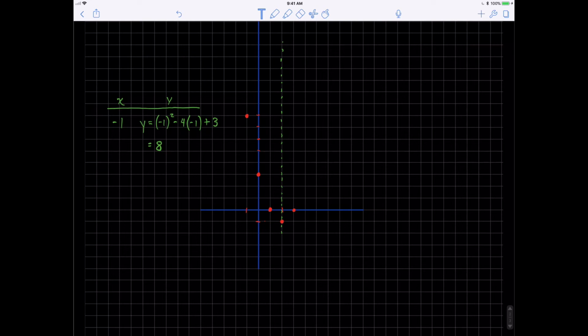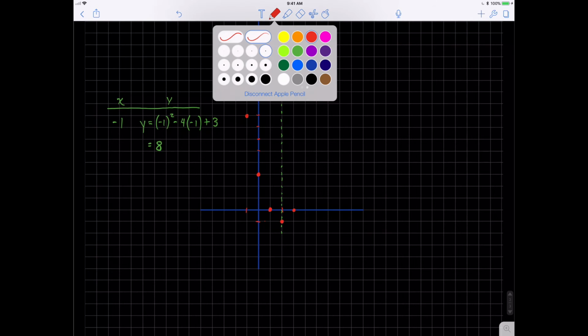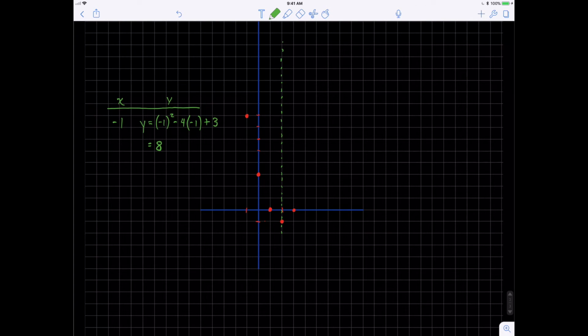And let's try -2. Let's see what happens there. Now at -2, this will probably be our last one. y equals (-2) squared minus 4 times -2 plus 3. So that's going to be 4 plus 8, that's 12, plus 3 more, that's going to give me 15.